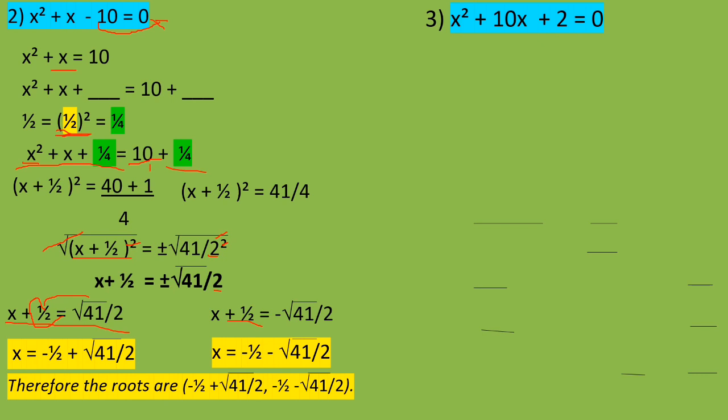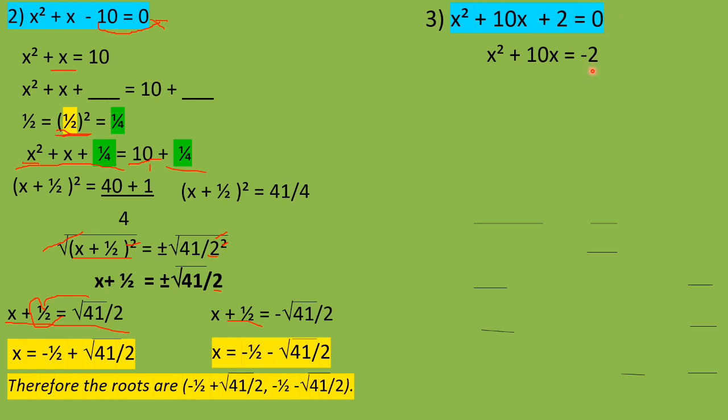Next example, meron tayo dito, x squared plus 10x plus 2 is equal to 0. Again, una, ililipat natin si constant na negative 2 sa kabila ng equal sign. So, meron tayong x squared plus 10x is equal to, kung ililipat natin ang isang term sa kabila ng equal sign, papalitan natin ang kanyang sign.